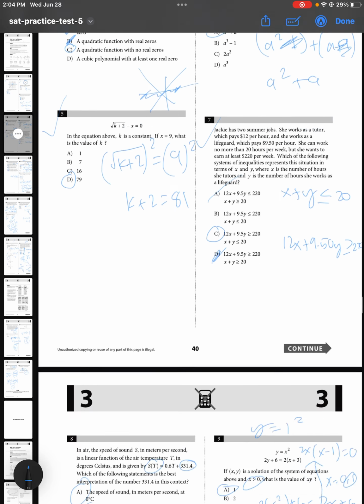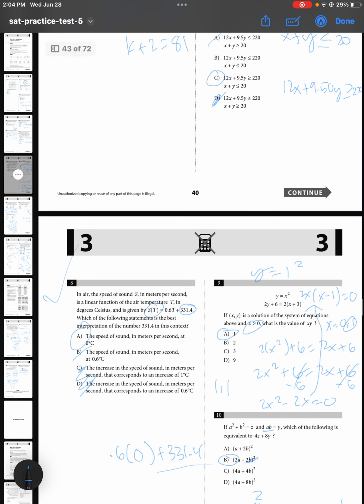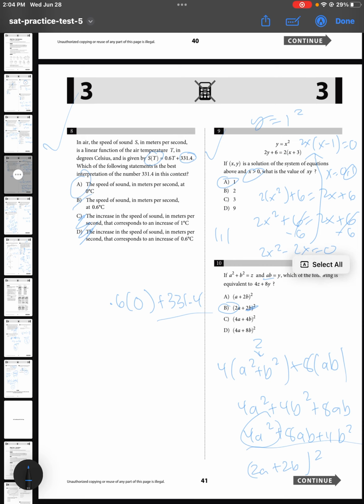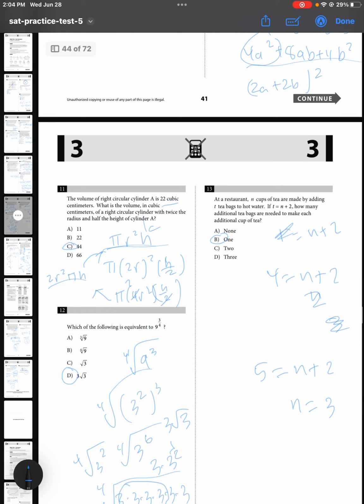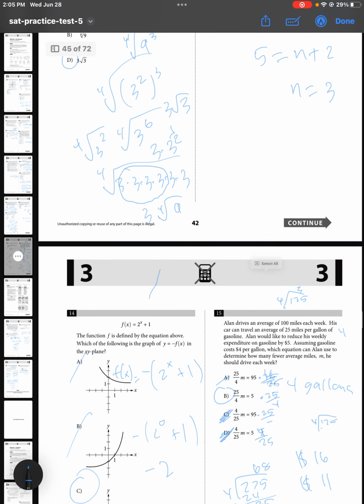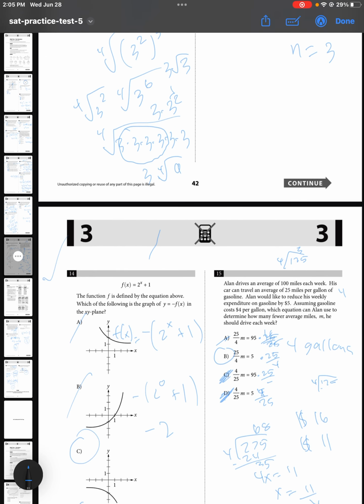Question 8. A is correct. Question 9. A is correct. Question 10. B is correct. Question 11. C is correct. Question 12. D is correct. Okay, great. 13. B is correct. 14. C is correct.